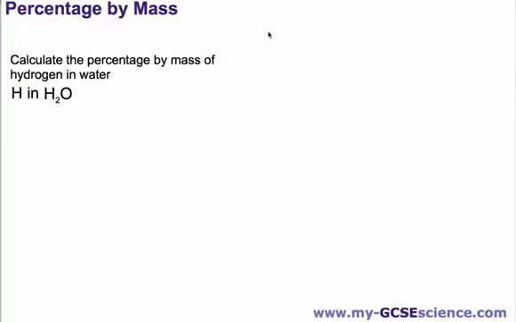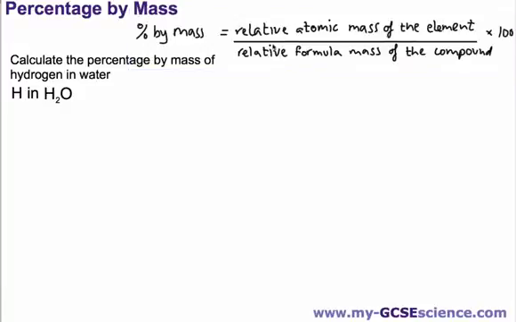So the formula that you can use, though, if you want to go that way, is this one up here. It says percentage by mass is the relative atomic mass of the element that you want, divided by the relative formula mass of the compound.